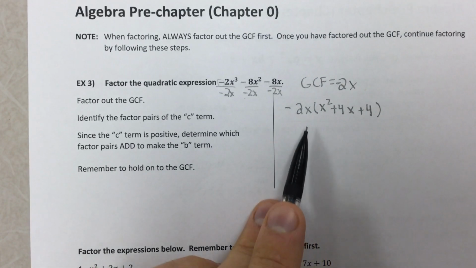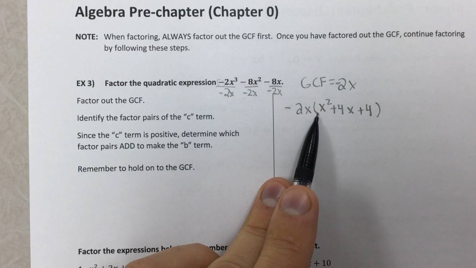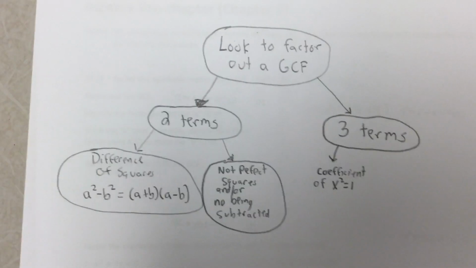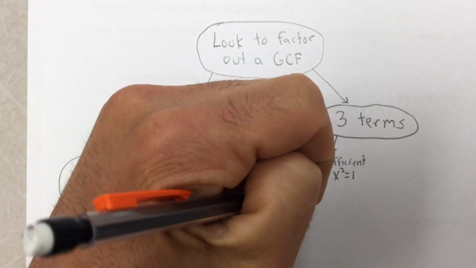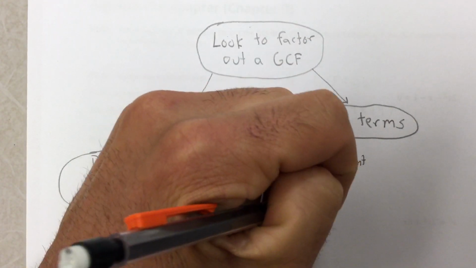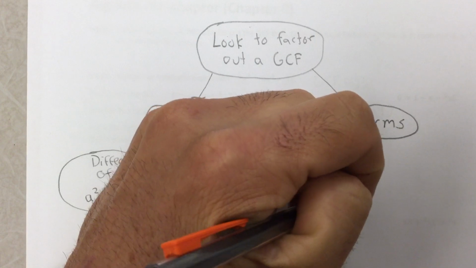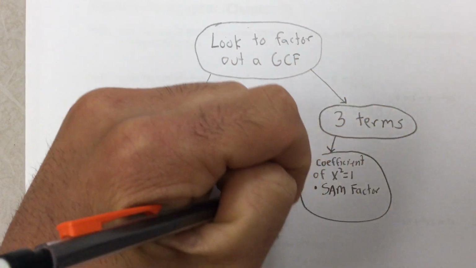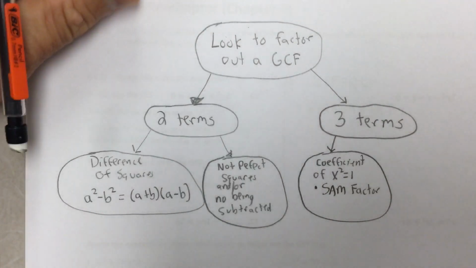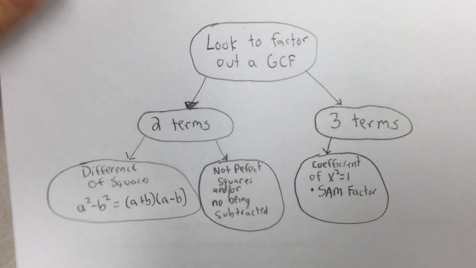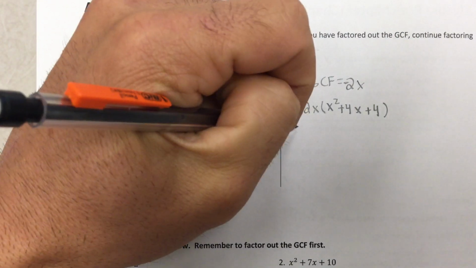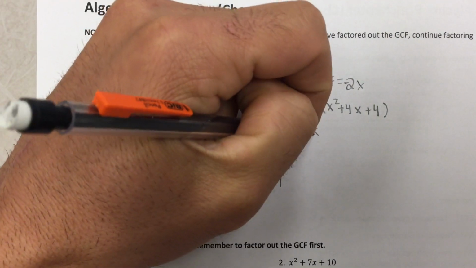Now, the number directly in front of this x squared is a 1, so I know I can do this. So if the coefficient of x squared is equal to 1, we can write SAM factor. Okay, you still have to remember how to do those factoring, but at least it tells you, get your mind going on what kind of factoring to use. So I now know that I'm going to have to SAM factor this.